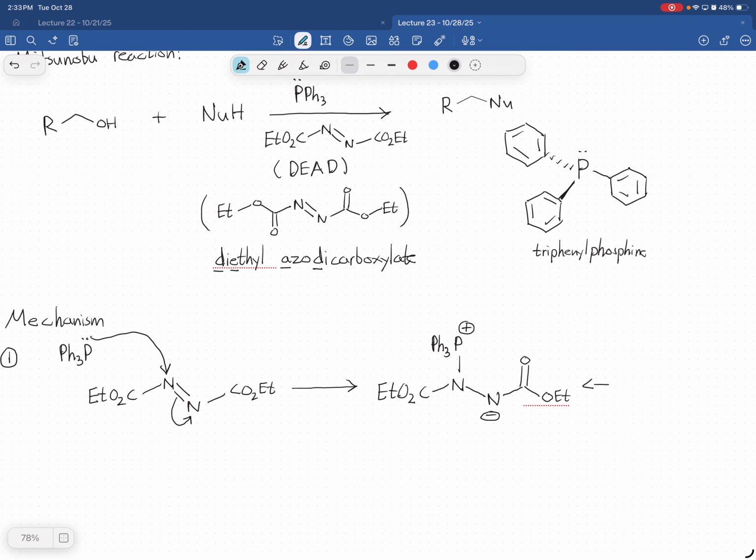You'll notice here you can draw a resonance structure. Let's practice our resonance structures. To localize this negative charge, put this charge on the oxygen.